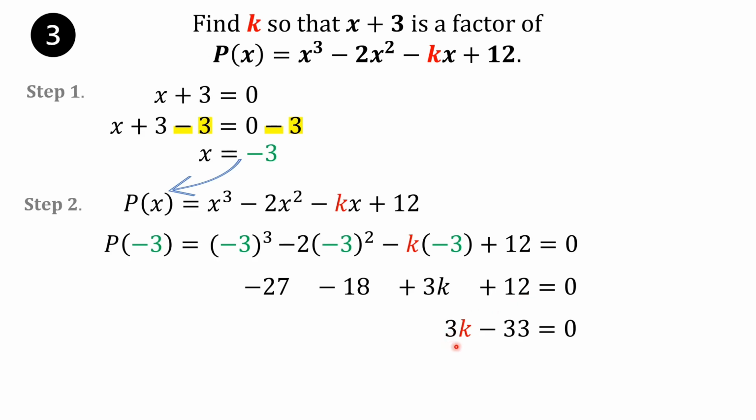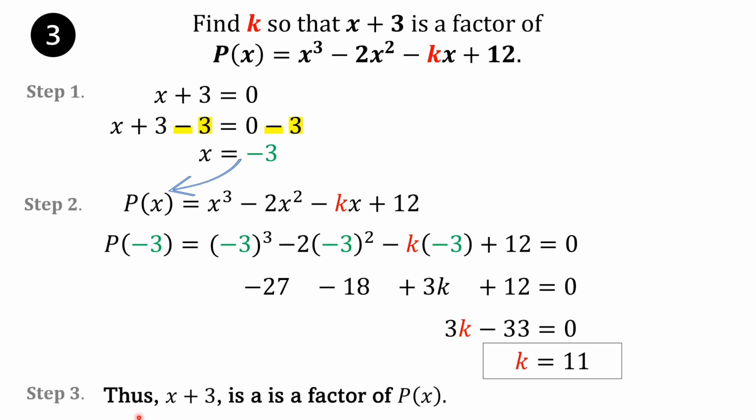Then 3k minus 33 equals 0 by adding both sides with 33 and dividing both sides by 3. Then k is equal to 11. Therefore, x plus 3 is a factor of p of x.